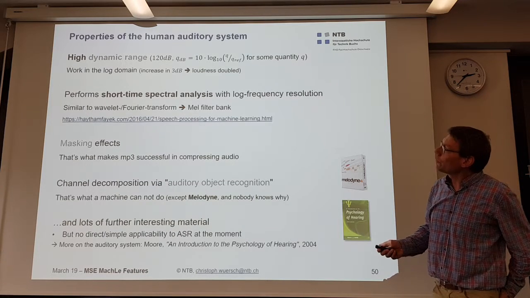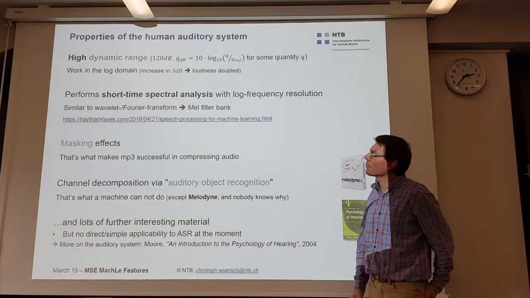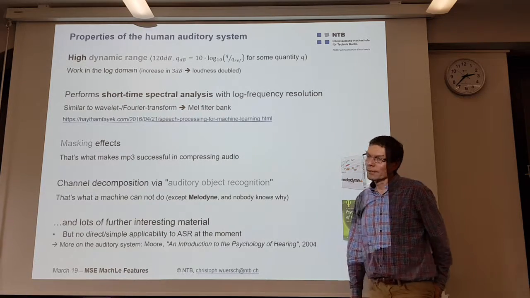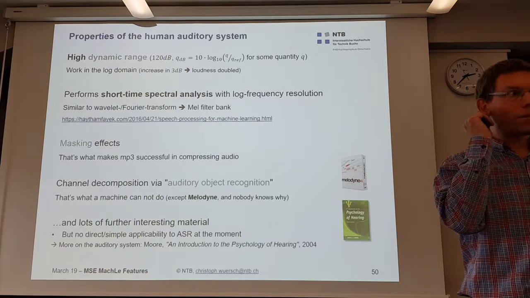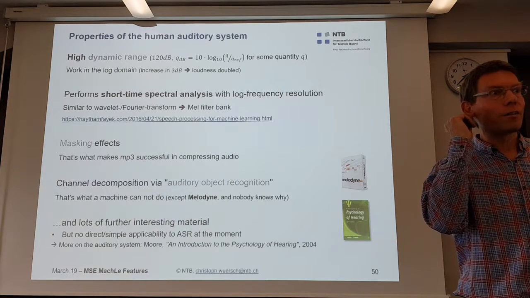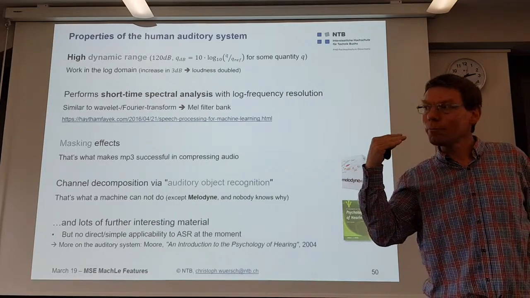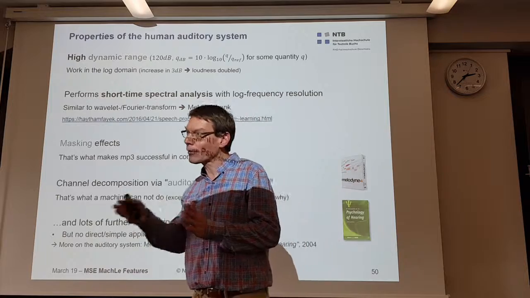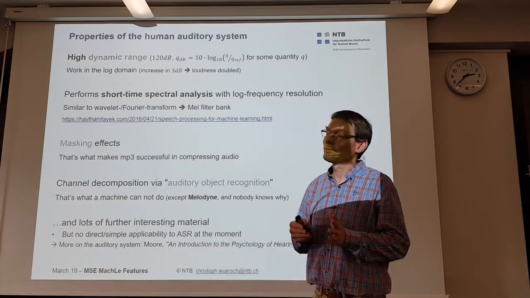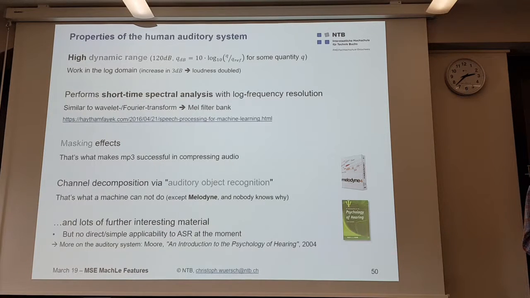When we do that, we do something called a short-time spectral analysis. Now this is not all. Our auditory system works logarithmically, and not only logarithmically in the amplitudes, but also logarithmically in the frequency spacing. So it makes sense to apply filter banks that are logarithmically spaced.